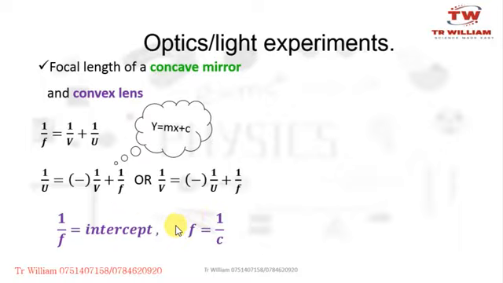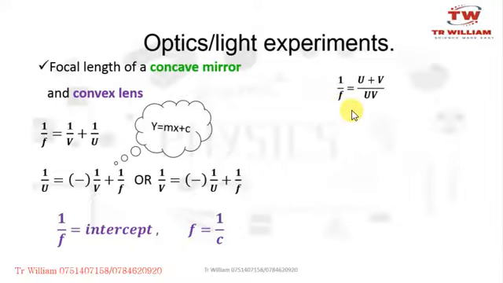So for you to get the focal length, you just take the reciprocal of the intercept. Some other people prefer using the LCM, taking the LCM of v and u. When you simplify, you have u plus v over uv.